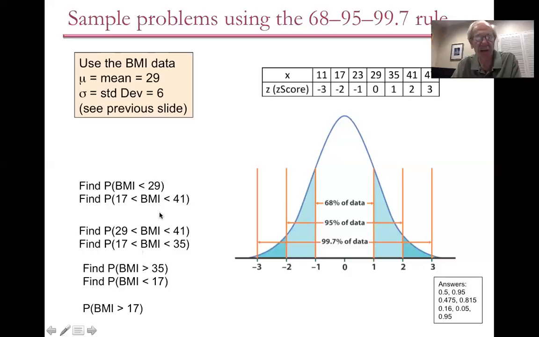I'm just verifying these numbers here. But you can do other things here. Oh yeah, that's what this is. So just using this data, I can get the probability that the BMI is between 17 and 41. Well, 17 is here. 3 standard deviations?